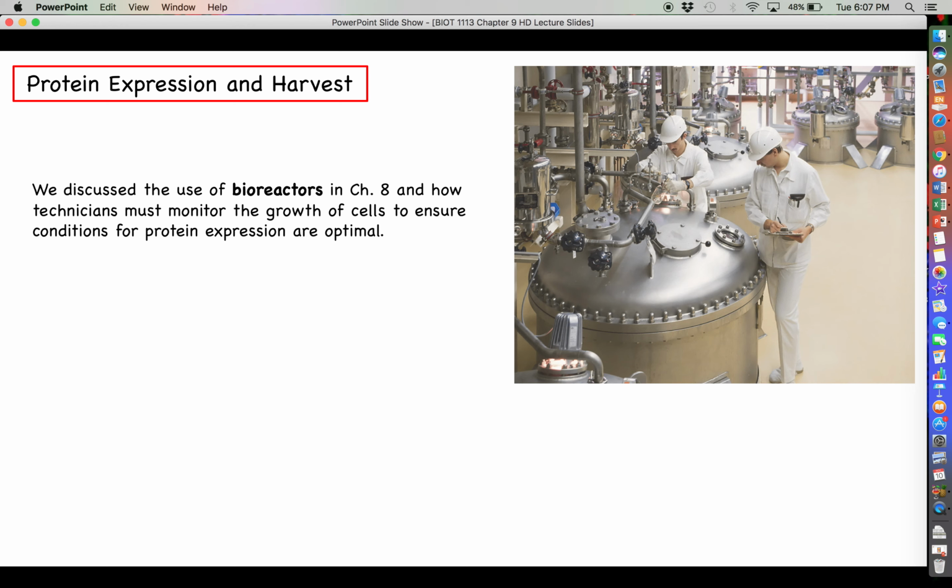So just to remind you of some things that we talked about in Chapter 8, we talked about the use of bioreactors like the one that you're seeing here, which are used to grow up very large-scale cultures of transformed cells for the purpose of making proteins. So we don't want to forget all of the work and labor that is involved in getting to this point.